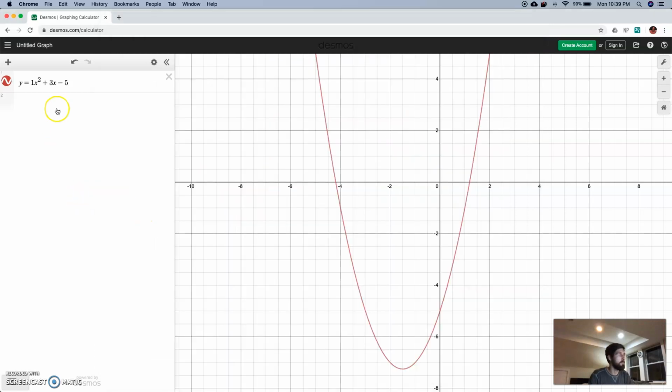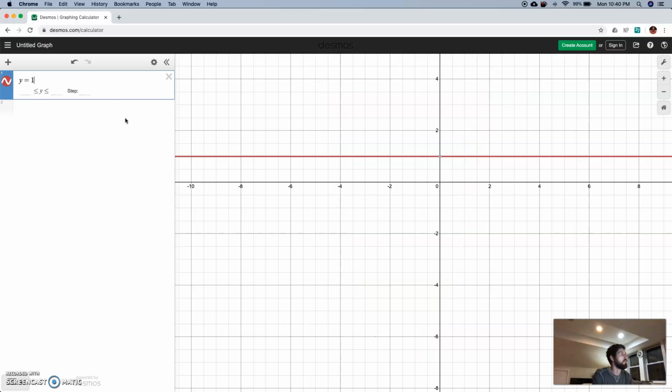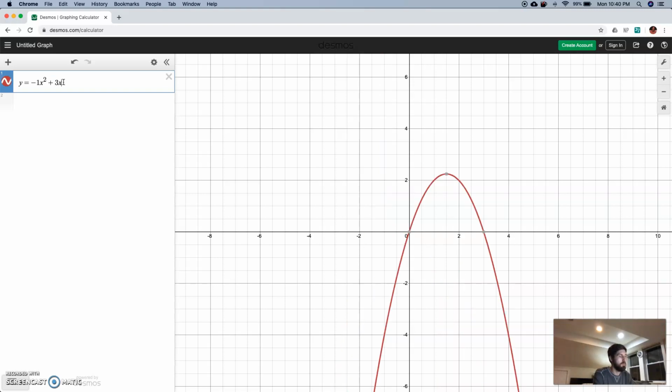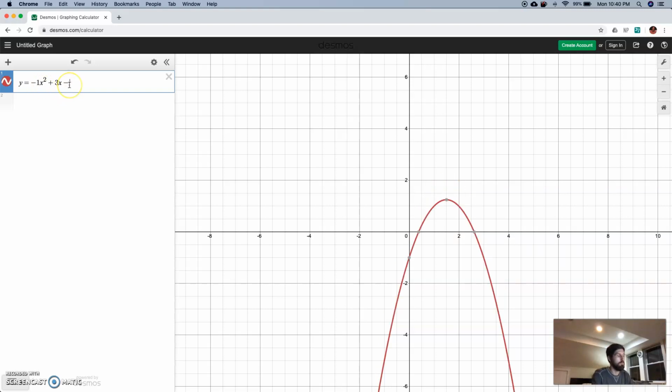And then, of course, the opposite is true. Let's write out a different equation. Let's say we had y equals negative 1x squared plus 3x minus 2, so our numbers are different.